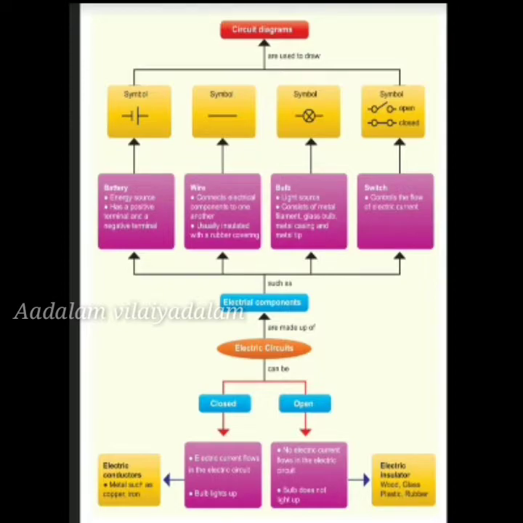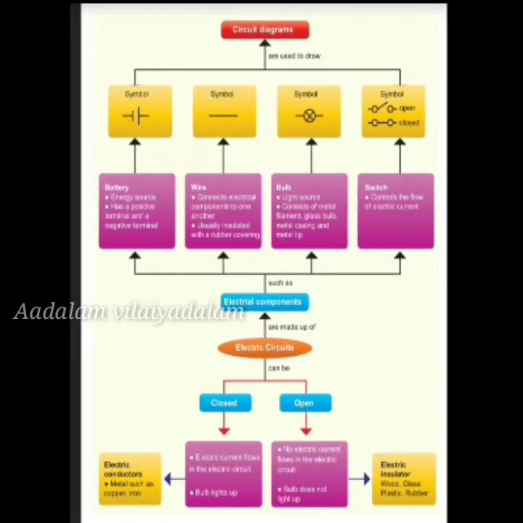Now, electric circuits can be closed or open. Electric current flows in the electric circuit and the bulb lights up when they are closed. Here, electric conductors, metals such as copper and iron, are used.